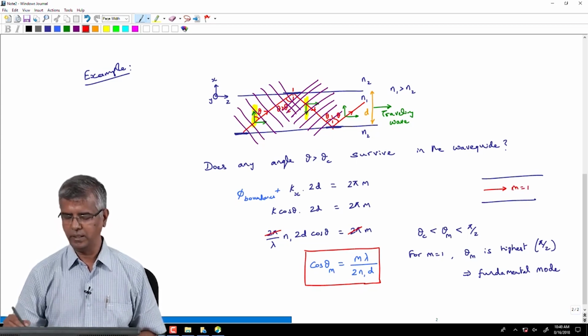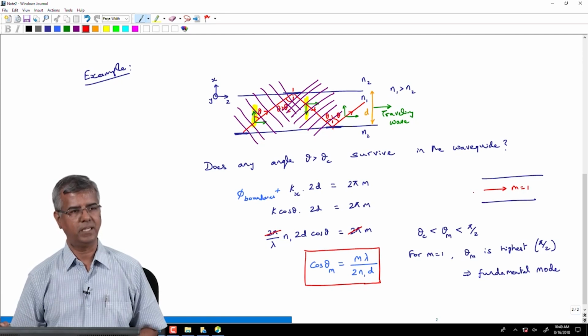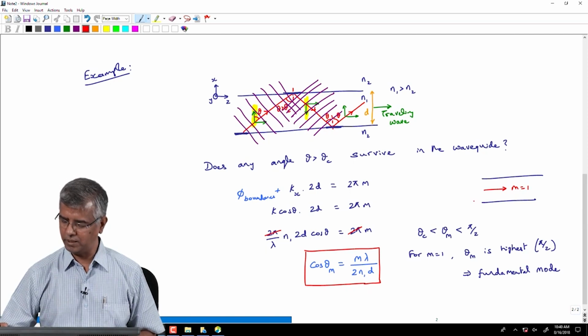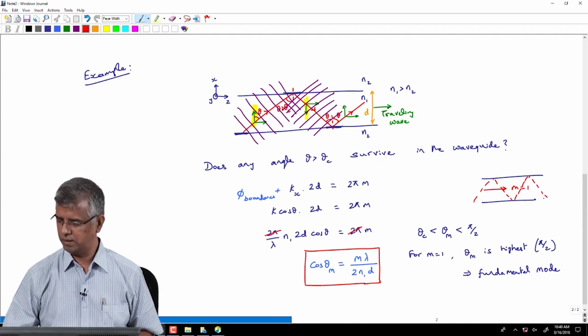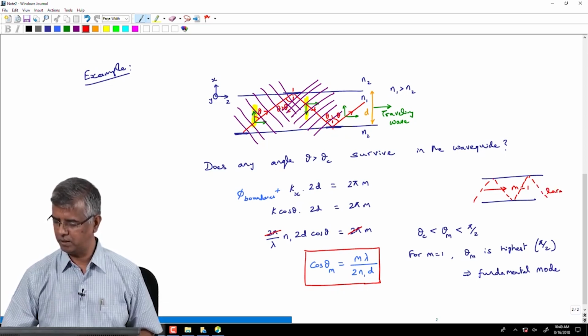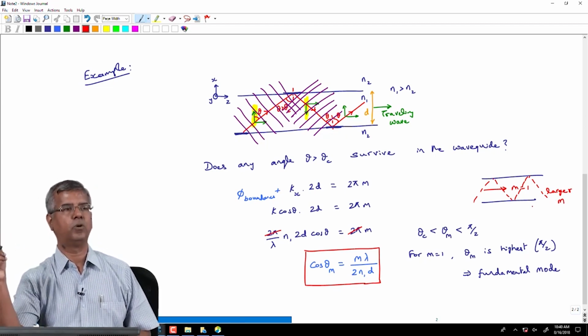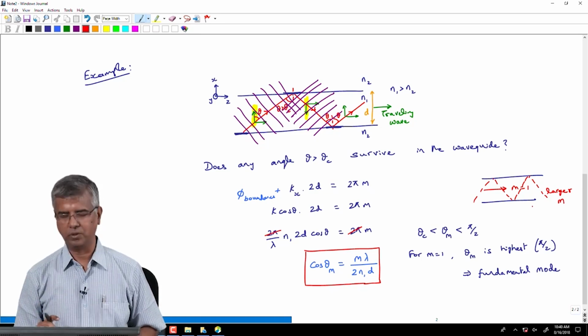As you go to larger values of m, the theta m value gets smaller and smaller. So, that will correspond to bounces like this. This will happen for larger values of m, and the largest m that would be supported in this waveguide will just satisfy this condition of total internal reflection, okay, that is theta c. So, do you understand?